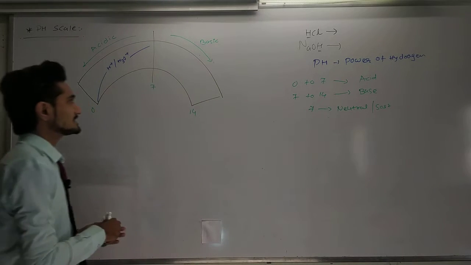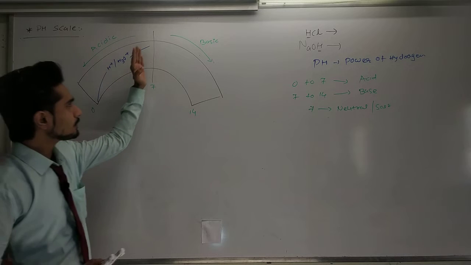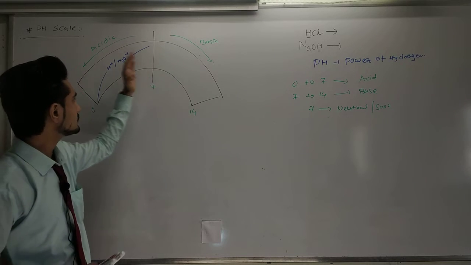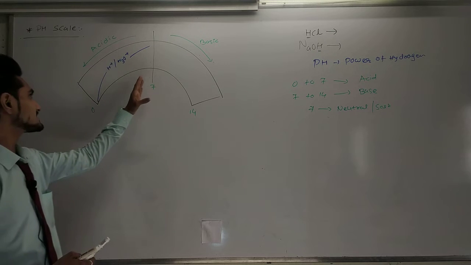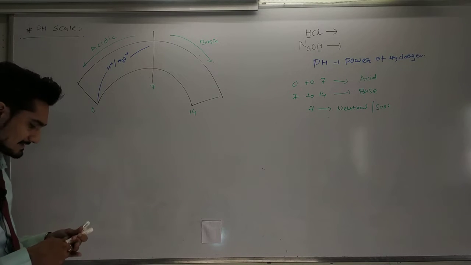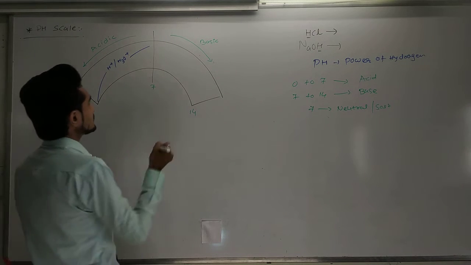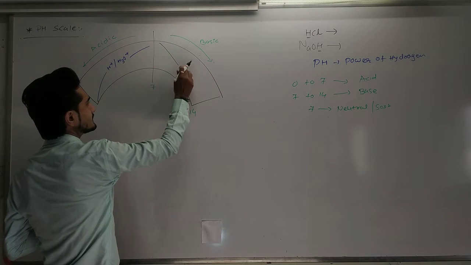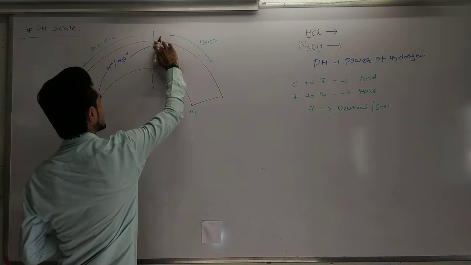This way we can say that the rate of change is higher in the basic as compared to the acid. We have also known that a base contains OH minus ion.